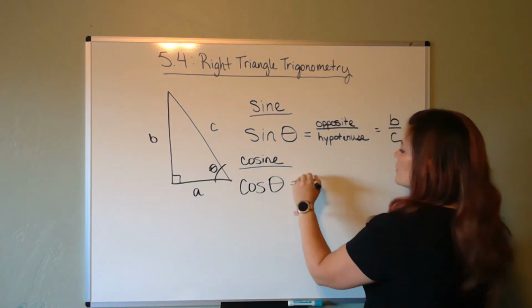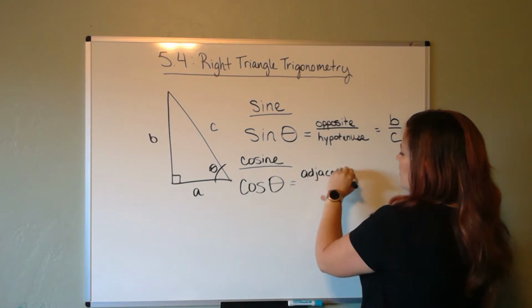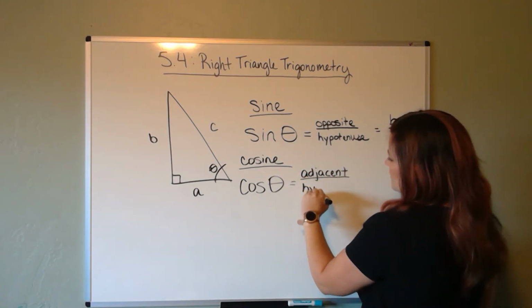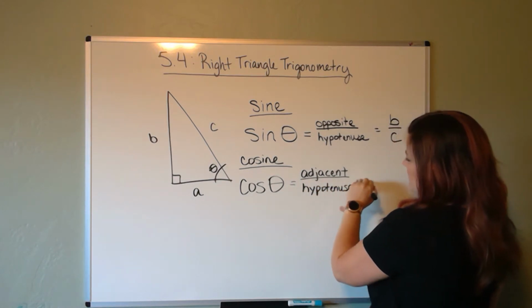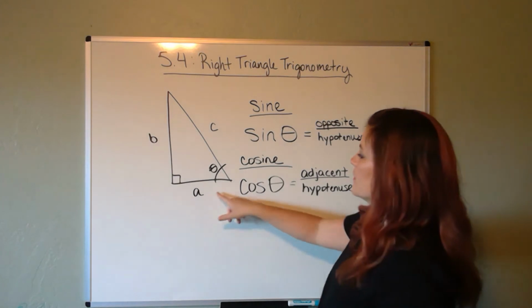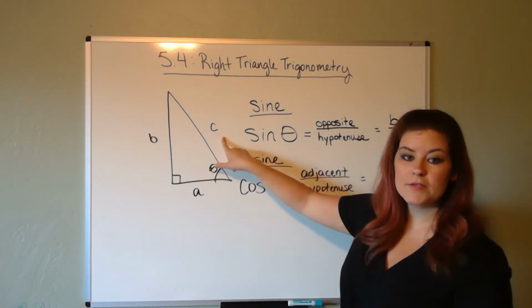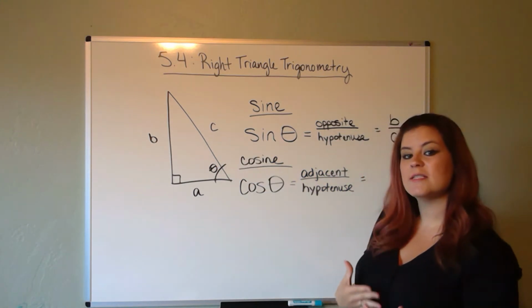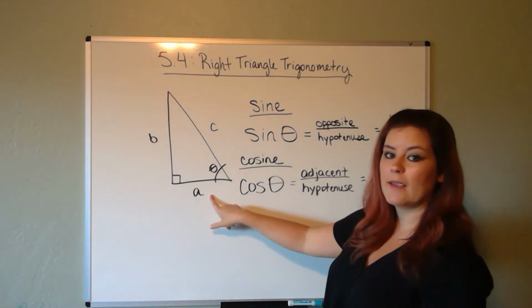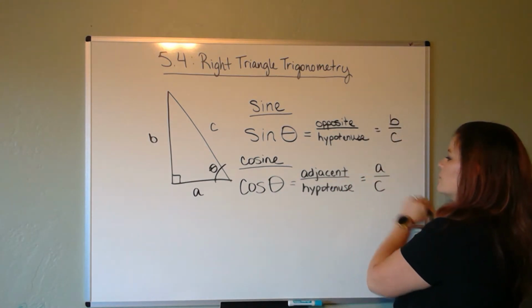So the ratio for cosine is adjacent over hypotenuse. So in our triangle here, adjacent, you guys, is the side that touches theta. Yes, the hypotenuse does touch theta, but remember that's called the hypotenuse. So when we're talking about the adjacent side, we're talking about A. So we're going to have cosine equals A over C.